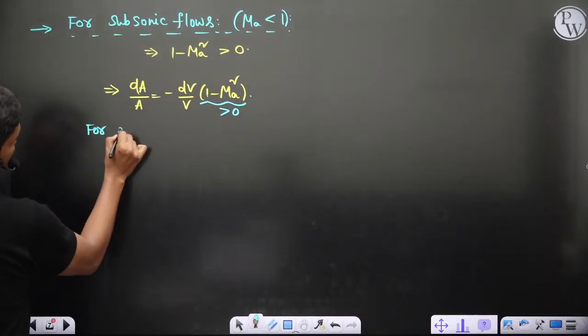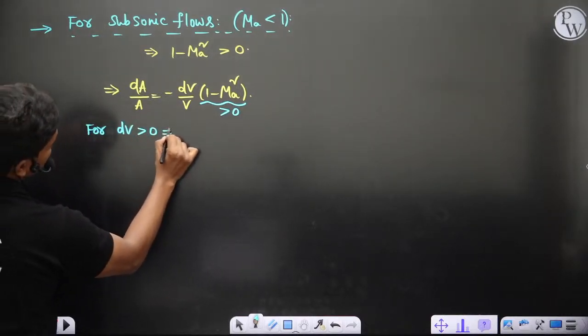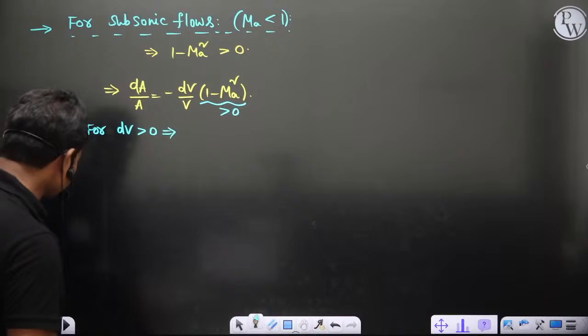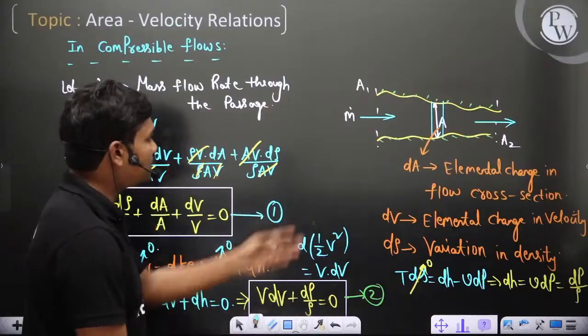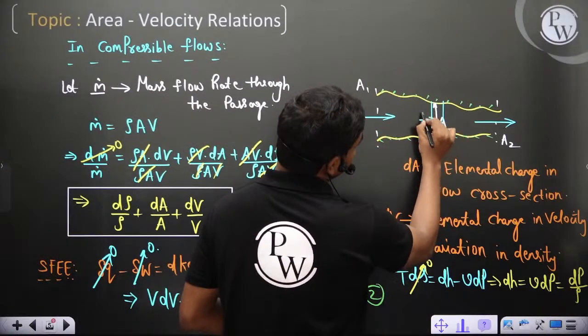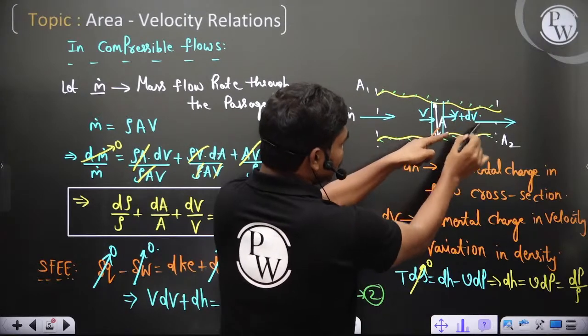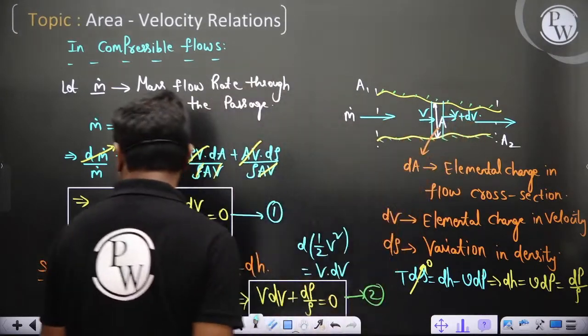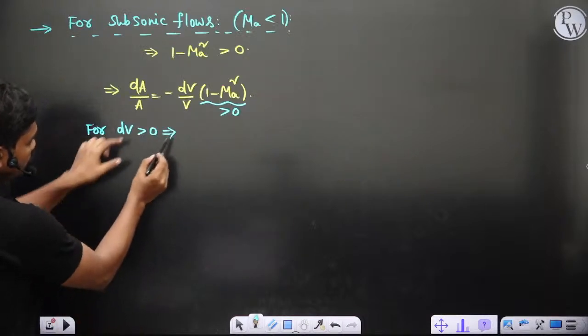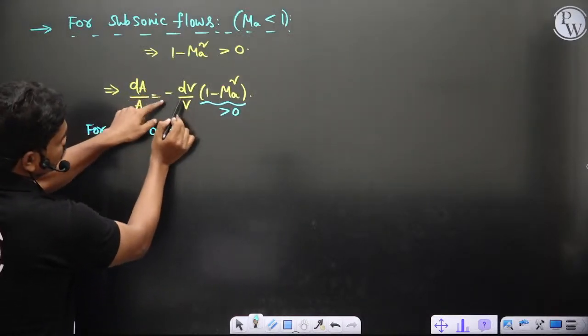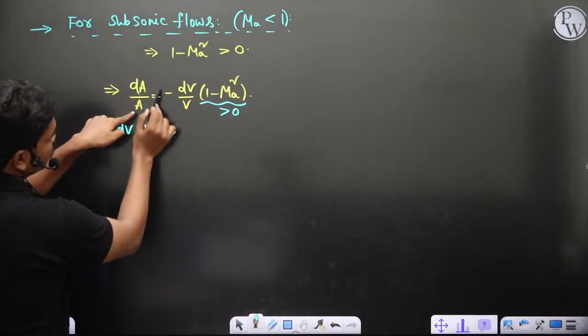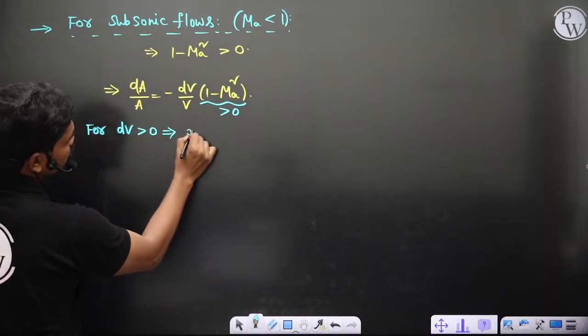For dV to be greater than 0, see, if I want to increase my velocity in this passage, let's say this is V and this is V plus dV, dV has to be positive. Then in this equation, minus of something greater than 0. Now what should be dA?